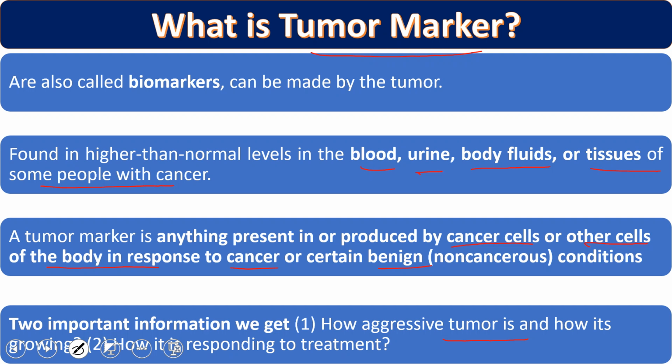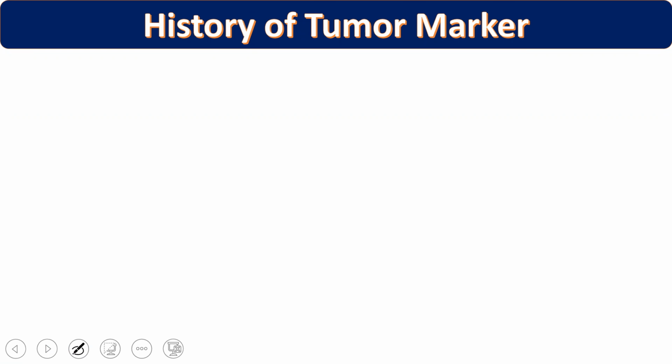These markers may be used for different purposes: detection, prediction, seeing how a person is going to respond to treatment, how treatment works or does not work, and recurrence of the cancer. So we get different kinds of information from tumor markers.